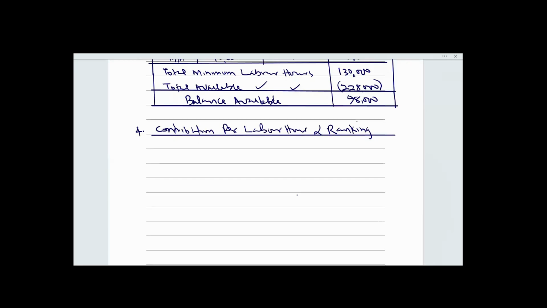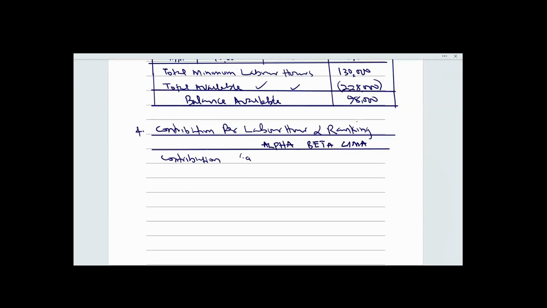So we have alpha, beta, and then sigma. So the first item will be contribution.